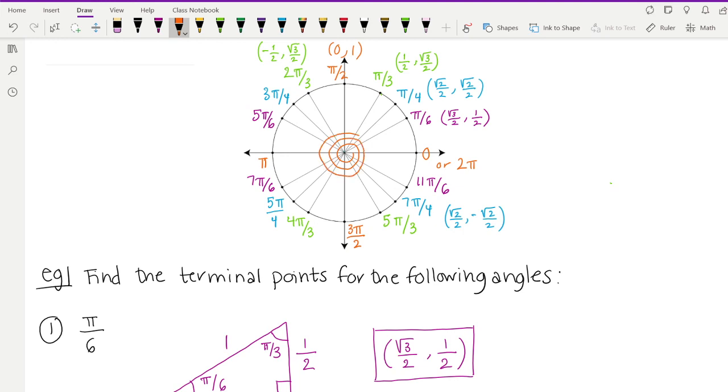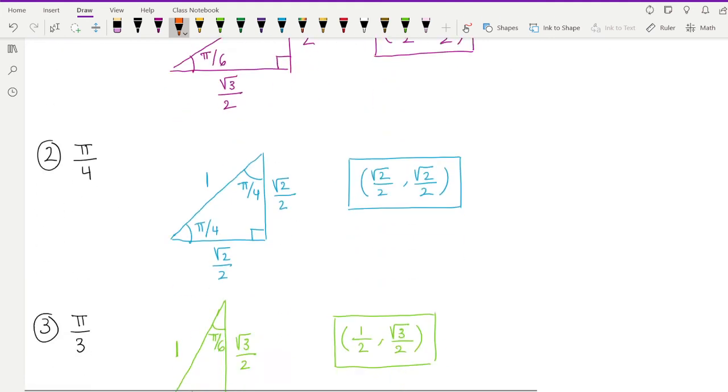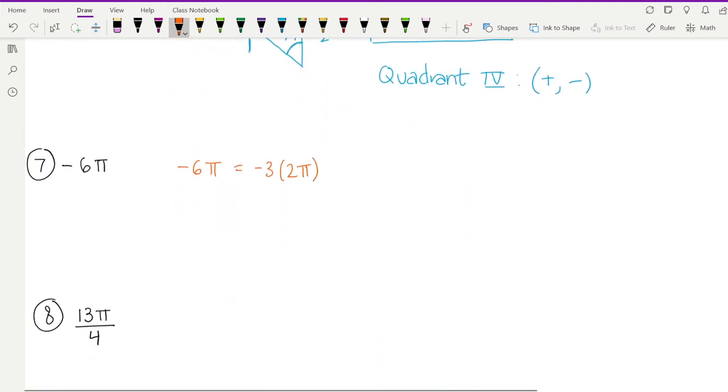Negative 6 pi would be going around 3 times. So negative 6 pi would leave us at an angle that looks like 0 or 2 pi. So this angle is coterminal with 0, or you could say it's coterminal with 2 pi, it doesn't really matter. So I'll write that down. This is coterminal with 0, or you could say it's coterminal with 2 pi, either one.